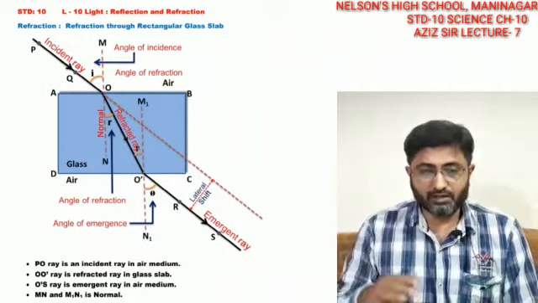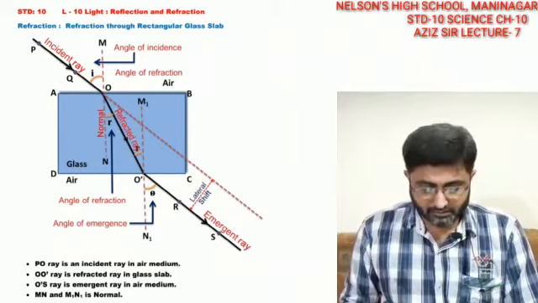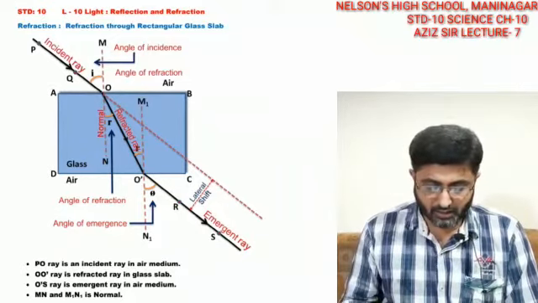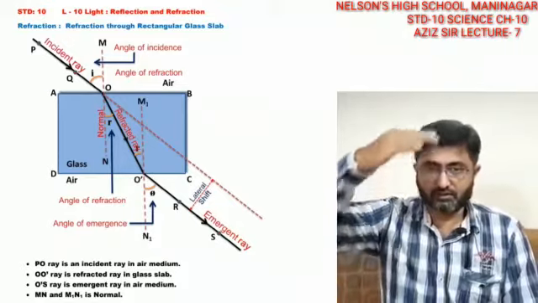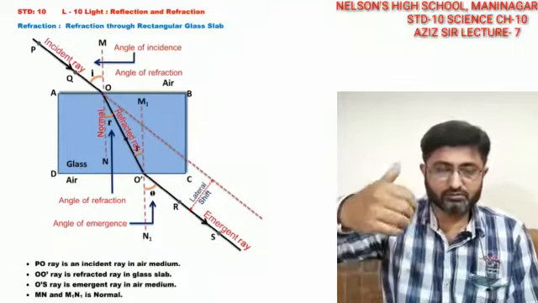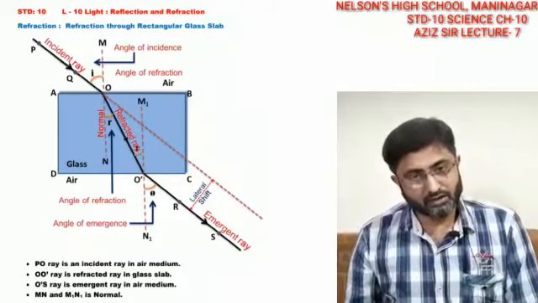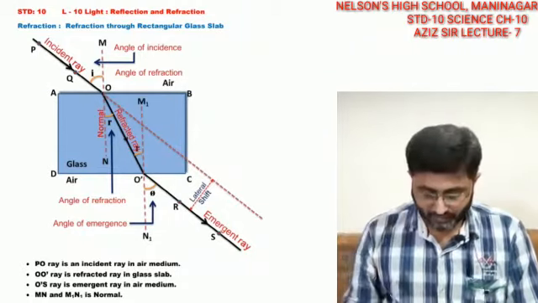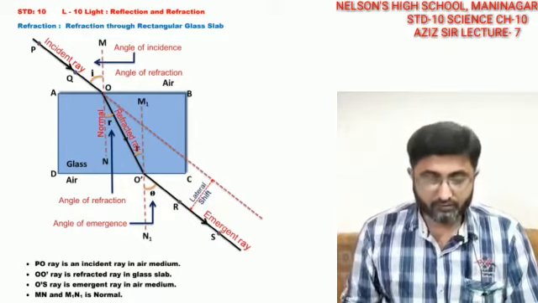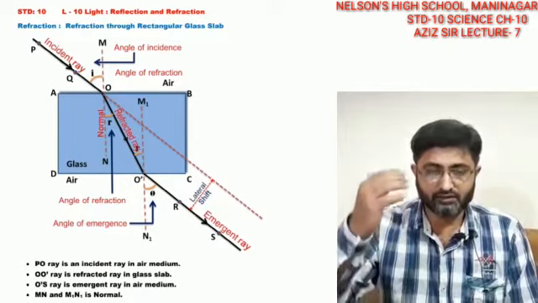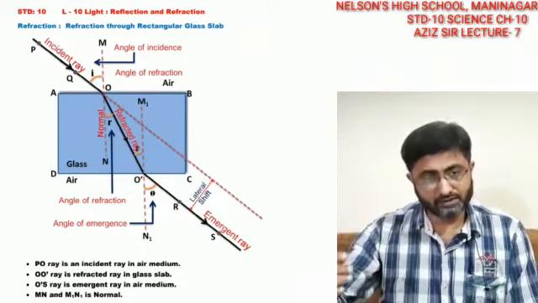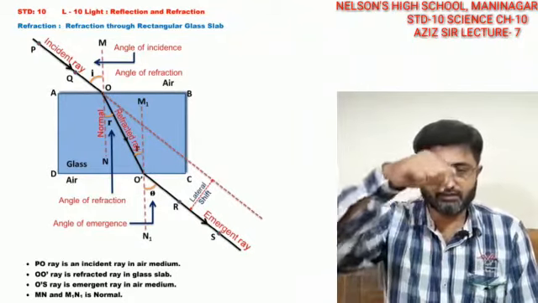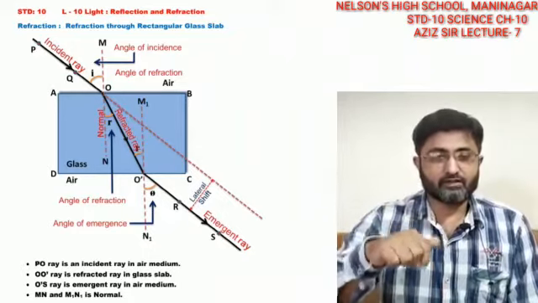And the last one, the ray which is coming out, that angle is again a refraction only, so you can call it another r, the second, one above the glass and one below the glass. The lower glass one comes out to be an angle of incidence again, and the coming out ray has an angle of refraction, but for generalizing we say angle of incidence, angle of refraction and angle of emergence. Otherwise, as far as your book is concerned, they have given angle of incidence, angle of refraction, and angle of incidence again in the glass, because glass does not relate with anything; it understands only that a ray is coming from any source, striking the glass and coming out.